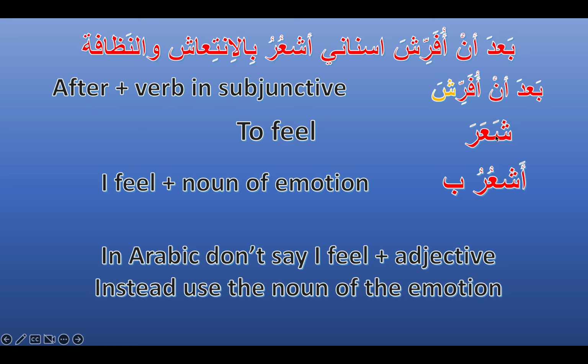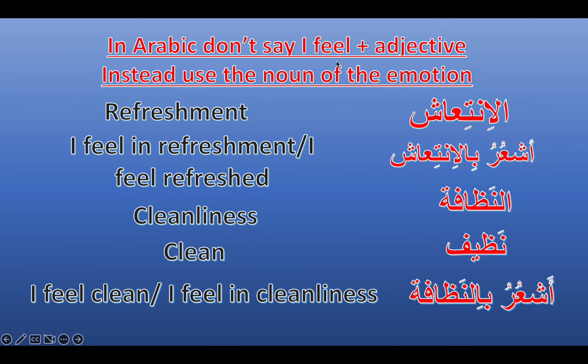To feel is شعر. And when it's conjugated in the present, it's أشعر. So we use the damma. This is the verb we need to use. So I feel, أشعر بـ. In Arabic, we don't say I feel and then an adjective. Instead, we use the noun of the emotion. Here's the rule again. So الانتعاش is refreshment.